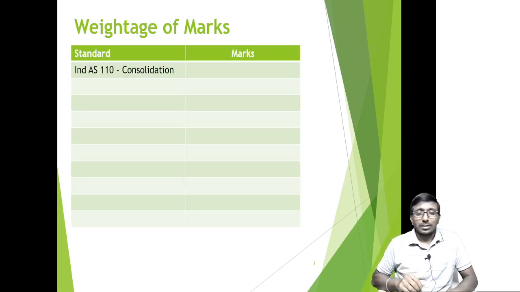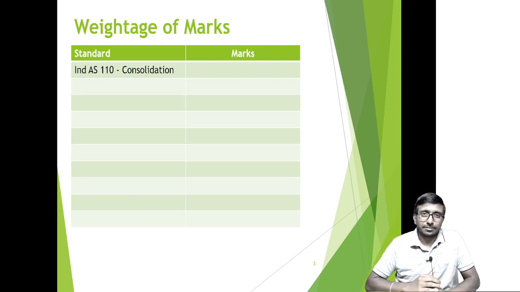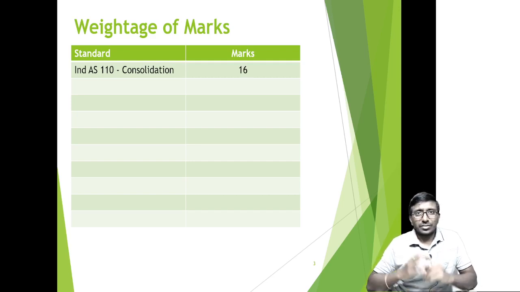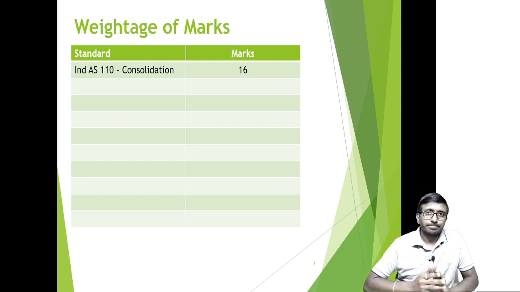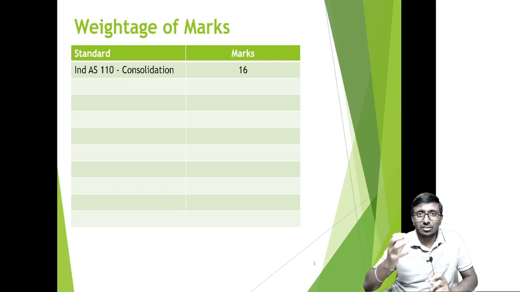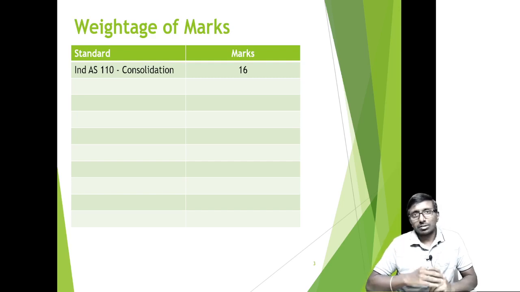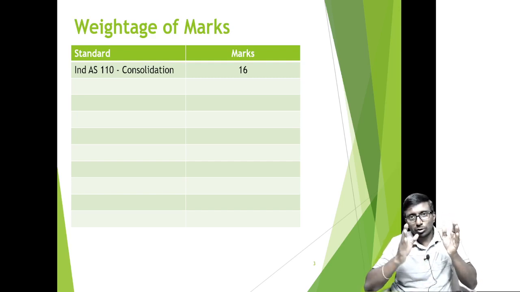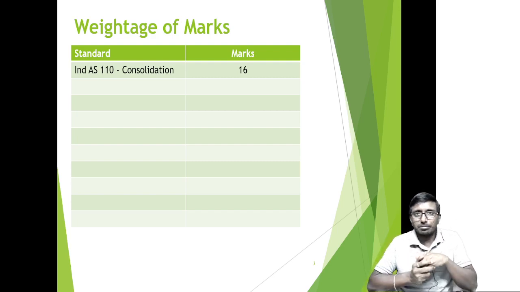The first question has been asked from the consolidation chapter, that is Ind AS 110, and within consolidation, the topic is chain consolidation, right? Like A company holds B company, B company holds C company, then how do you do the consolidation?